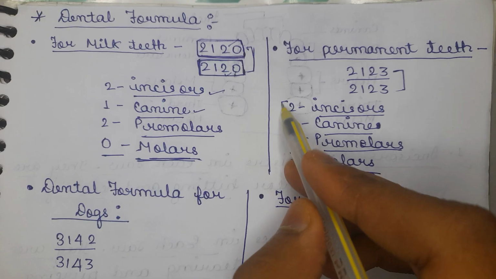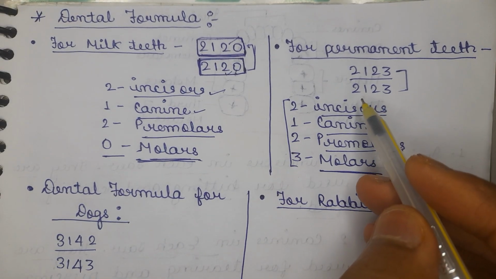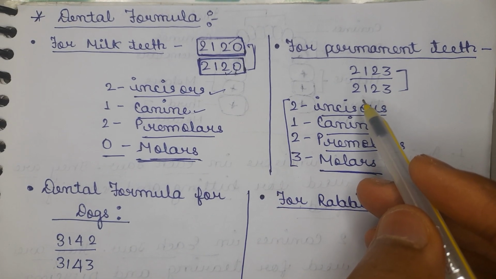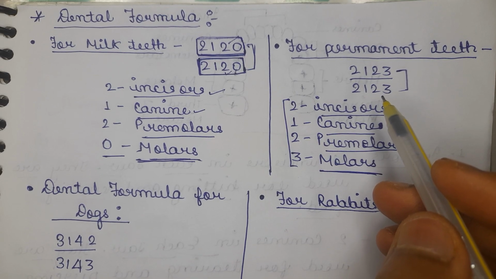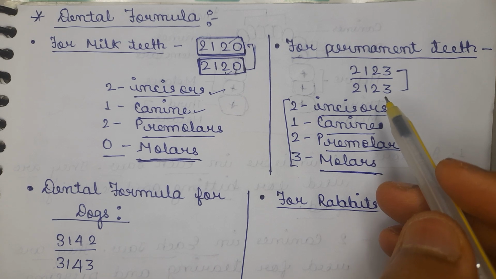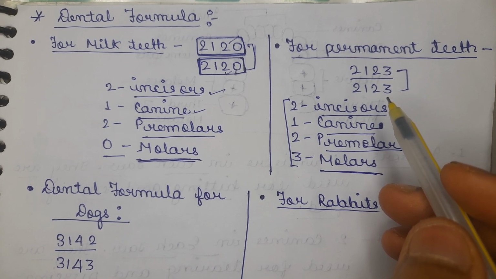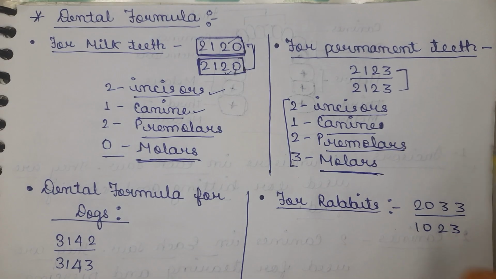So the number of permanent teeth is basically 28, but after the age of 18 or at most 20, two more molars also grow, which are named the third molars.